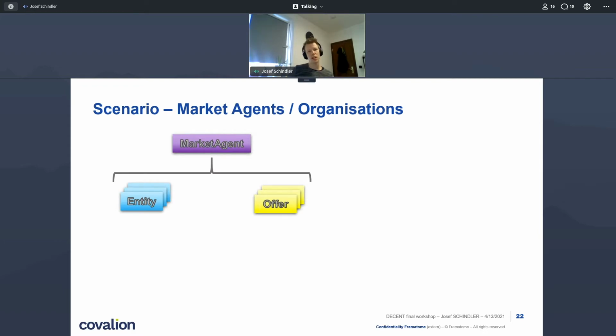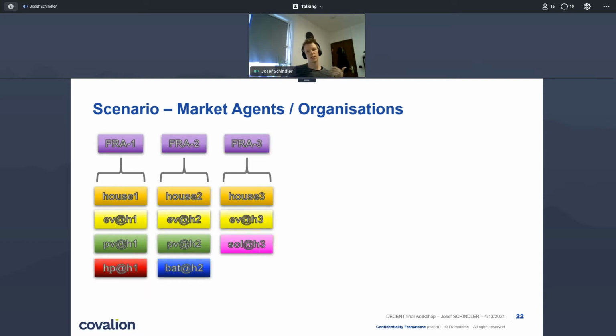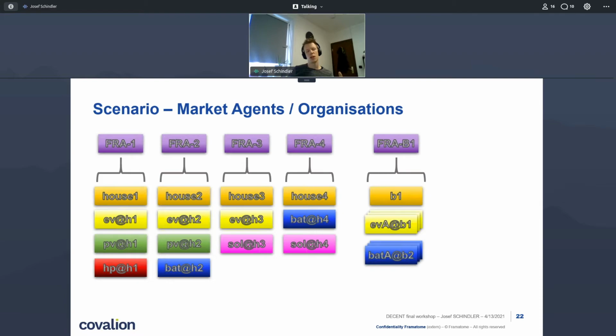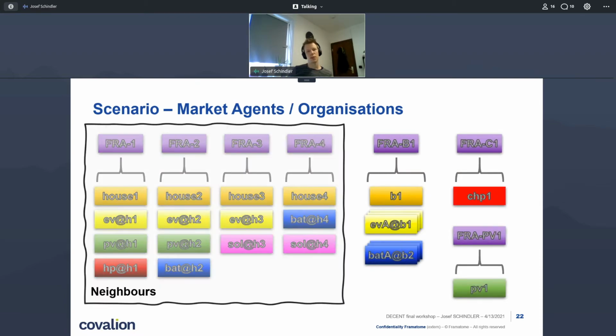As explained, the market agents contain various entities. For the scenario, we defined some entities for each of the organizations to have a more mature scenario. For example, on the left side, we have the neighbors.